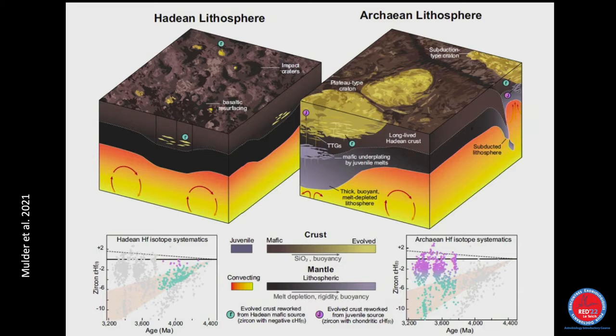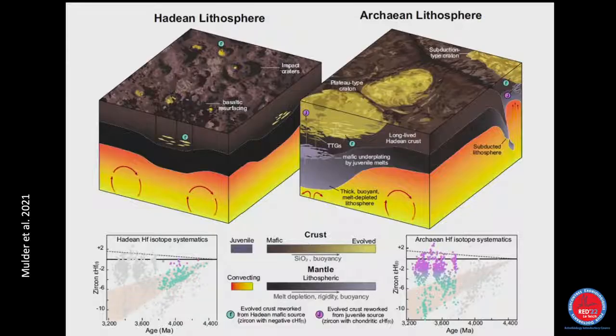A lot of mafic melt is extracted from the mantle, which also causes the mantle here to be thick, buoyant, and also depleted. And we have here a freshly formed mafic crust. If we melt the crust, we will have juvenile TTGs with the signature within this area.